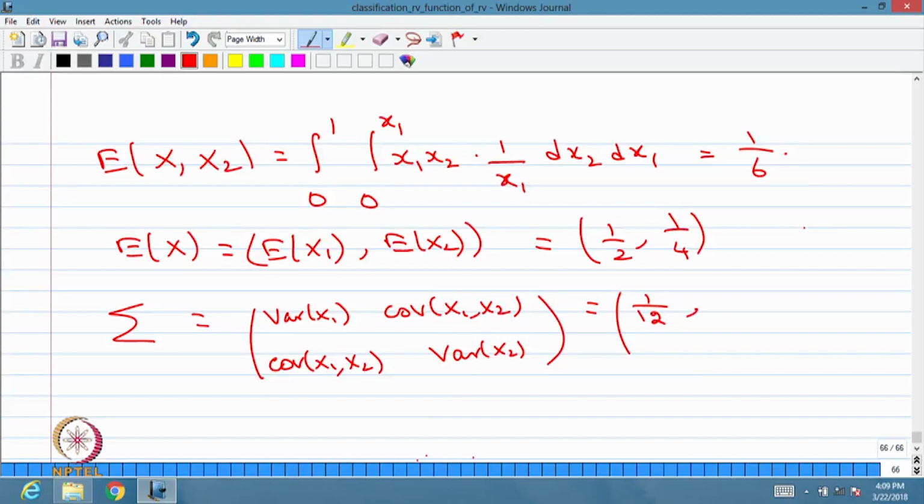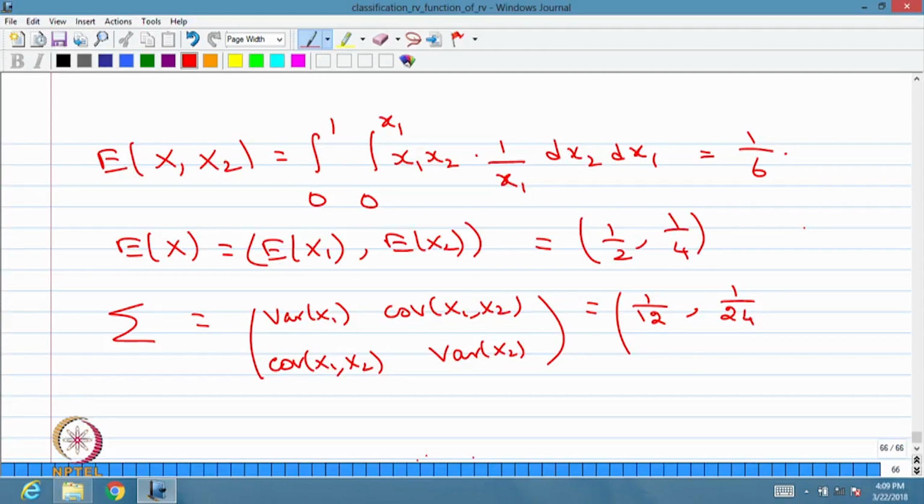To find the covariance of x1, x2, you need expectation of x1, x2 and expectation of x1 and expectation of x2. So all three we got. Substitute the values, that is 1 by 6 minus 1 by 2 into 1 by 4. You simplify, you will get 1 by 24.